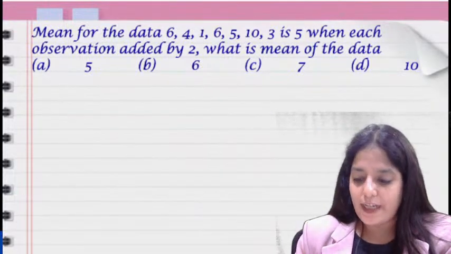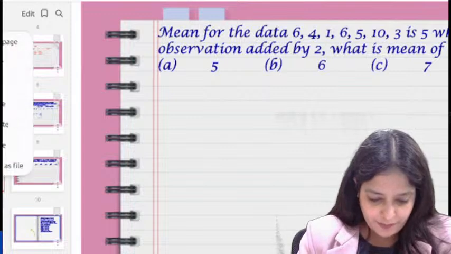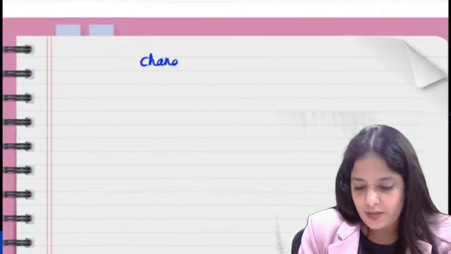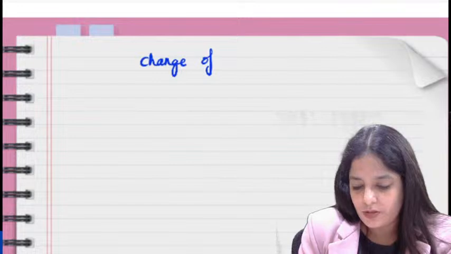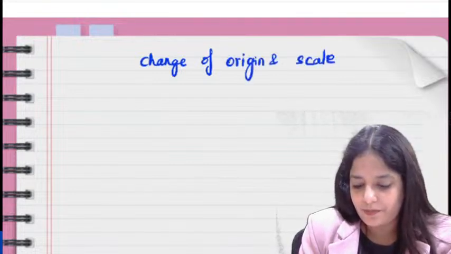See, what is that property? Let me tell you the property once. The name of the property is change of origin and scale.